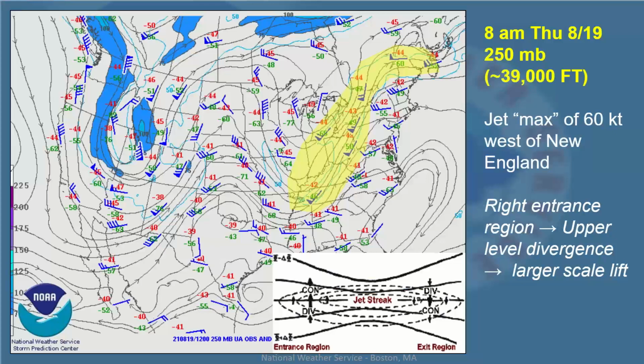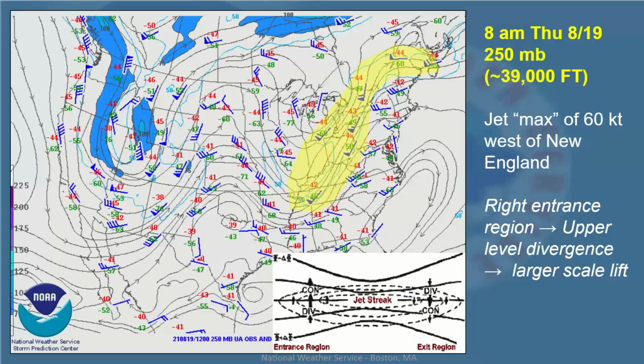And notice where it says DIV, that's divergence at the upper levels. We talk a lot about low-level convergence and the upward rising motion of air, and eventually the air would hit a ceiling in the atmosphere and it would diverge. That's the opposite of convergence.